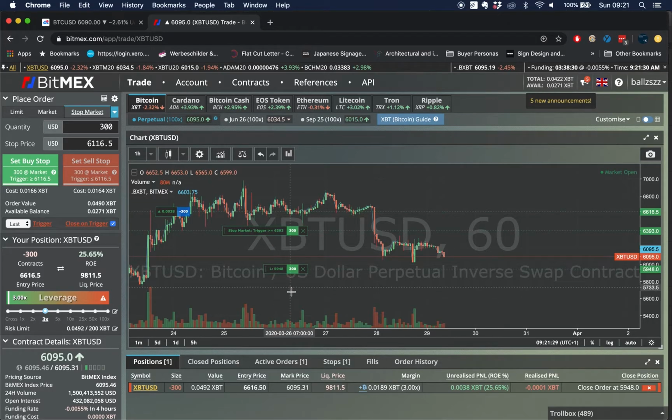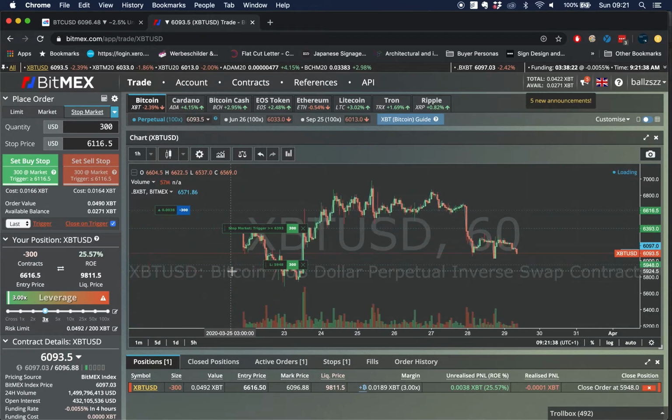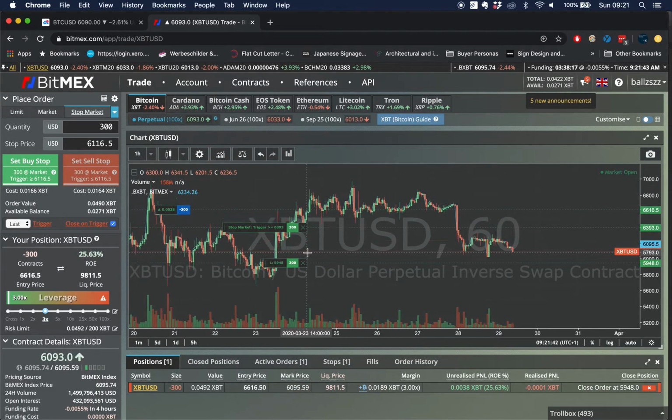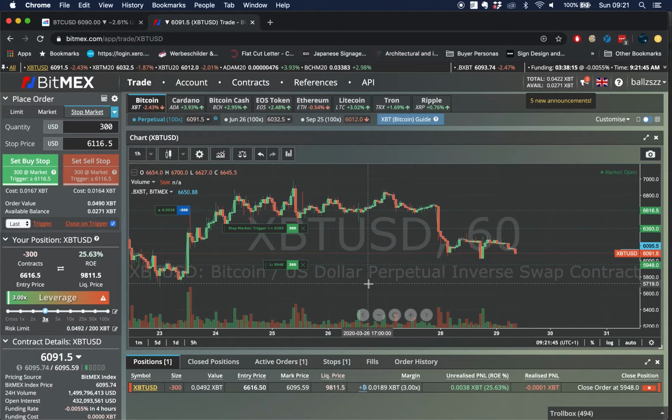And my original target was just above the 6,000, I think, which was to this previous point here, because that felt like a kind of logical place for it to retest.